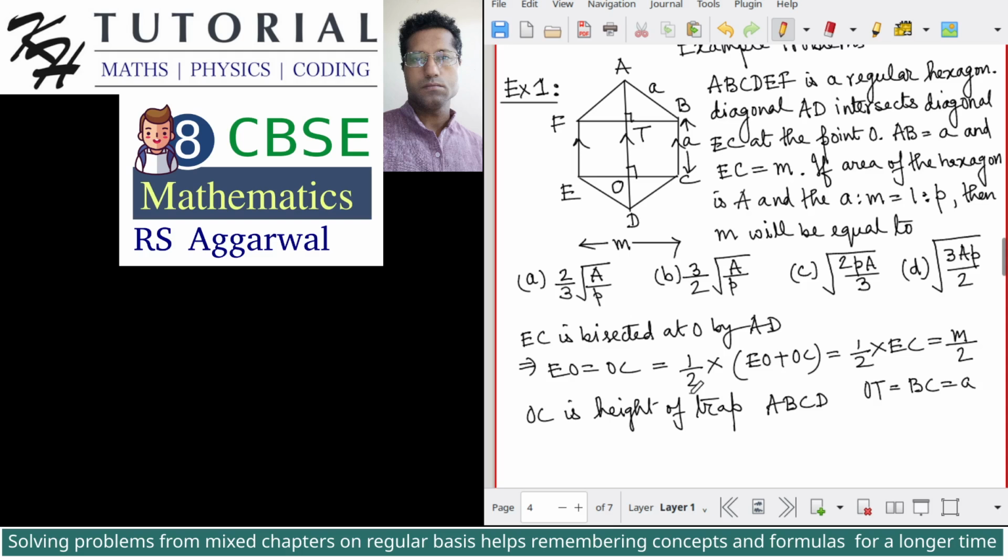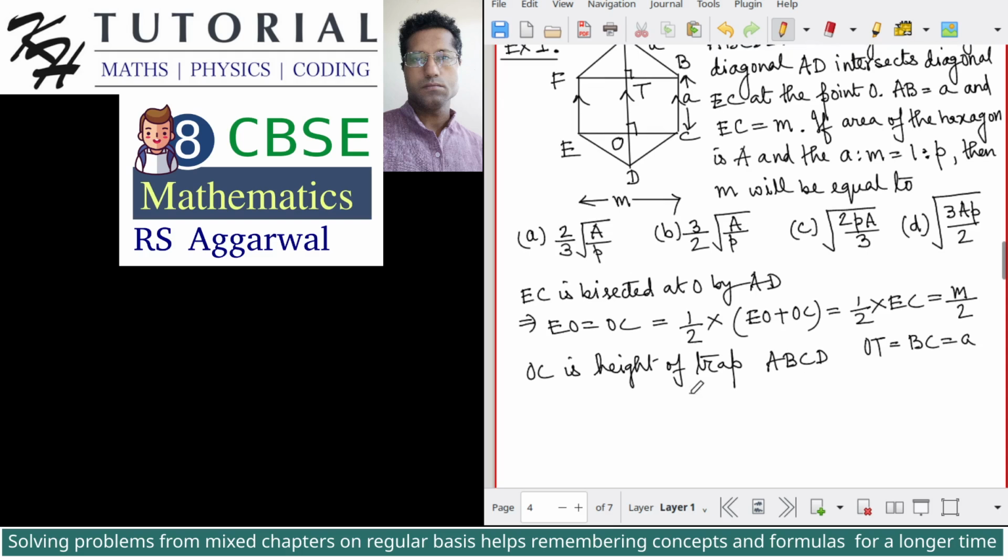How do we find it? OT will be A. Somehow we have to find OD. Now consider the right angle triangle ODC.